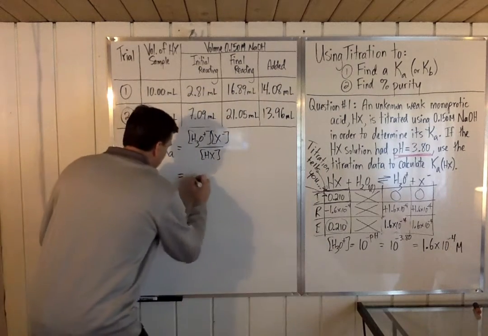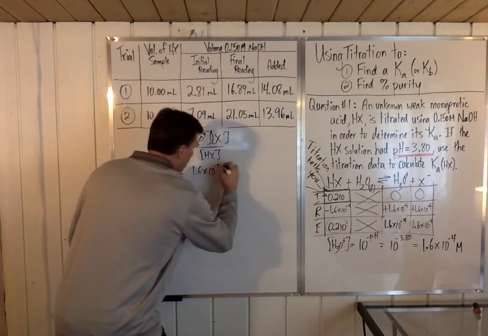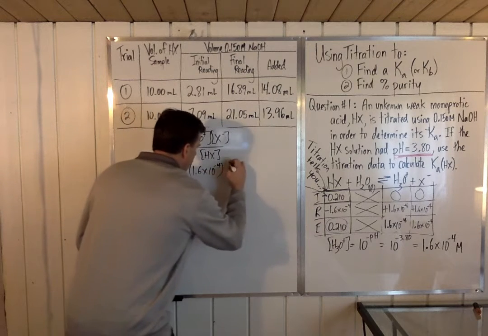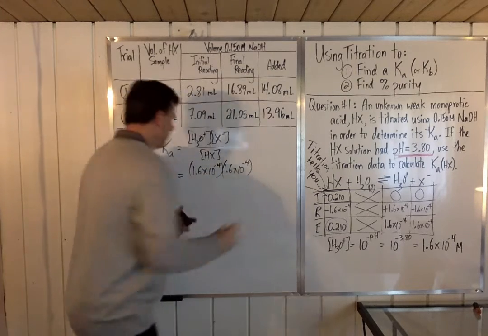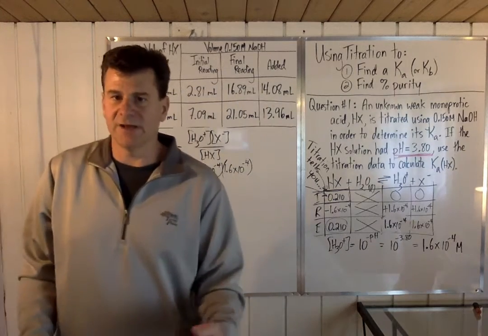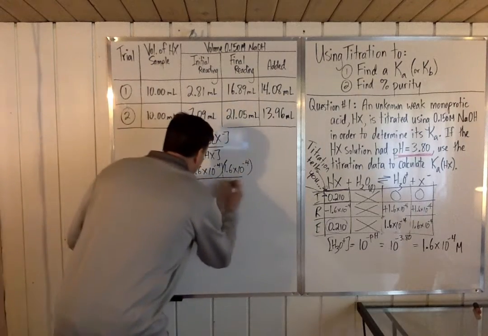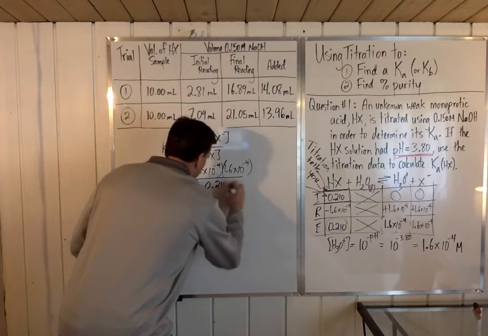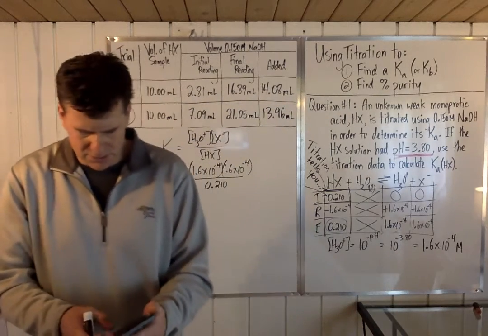So the Ka will be 1.6 times 10 to the negative 4 times 1.6 times 10 to the negative 4. Of course, you could have just written that squared over 0.210, which I get 2 sig figs.